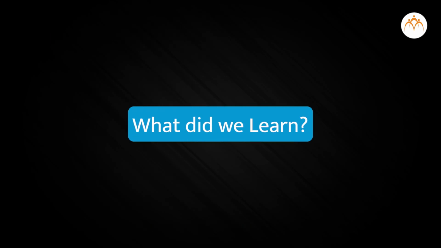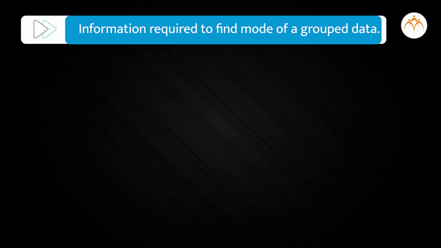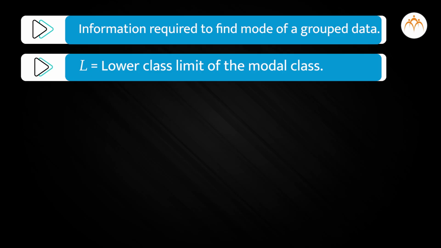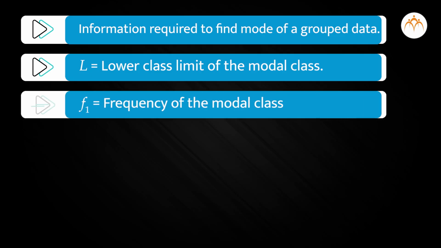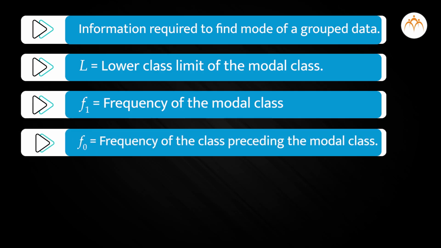What did we learn? Information required to find mode of a grouped data is as follows. L is equal to the lower class limit of the modal class. F1 is equal to the frequency of the modal class. F0 is equal to the frequency of the class preceding the modal class.